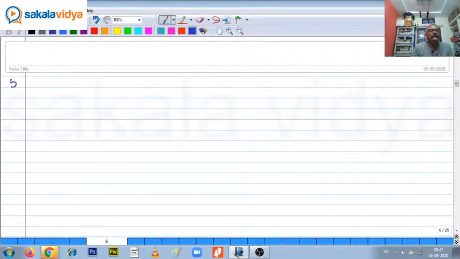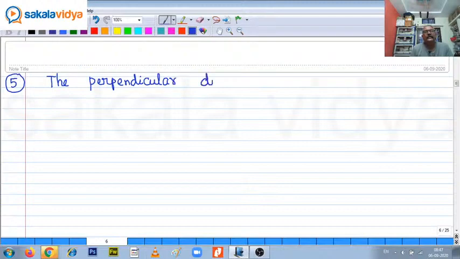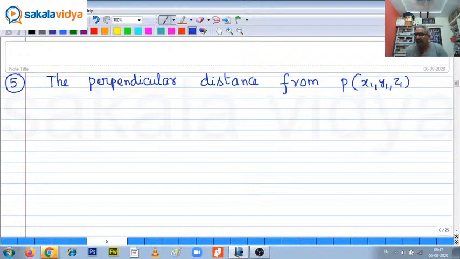Next, fifth point. The perpendicular distance from P(x1, y1, z1). This is the point in the space P(x1, y1, z1).